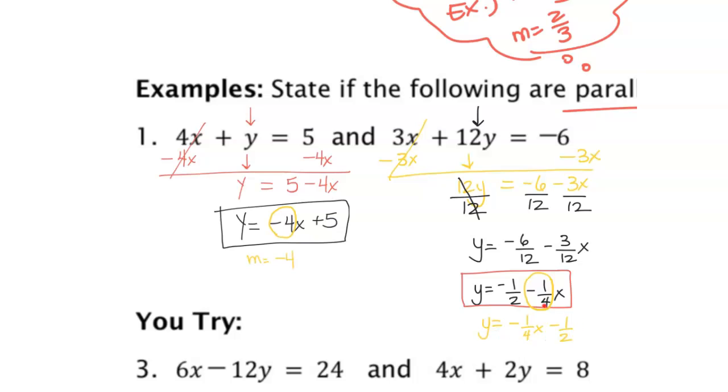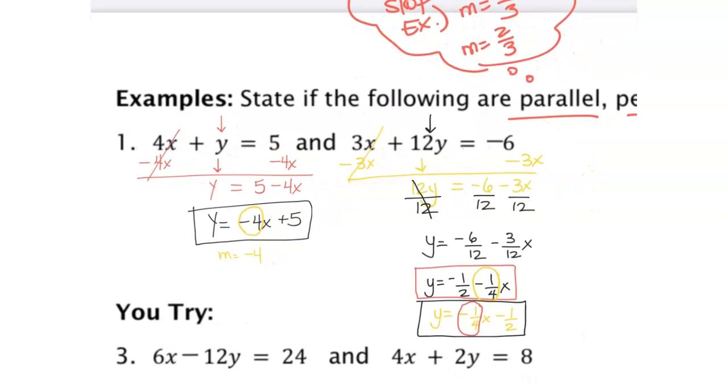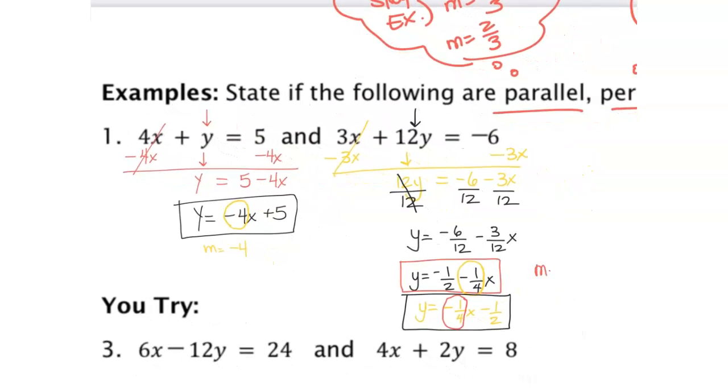So it's written both ways. Both ways are correct ways to write this particular answer. But even if you rewrote it, you'd still have that negative 1/4 is the number being multiplied by x. So it's your slope. So in this case, the slope is m equals negative 1 over 4.